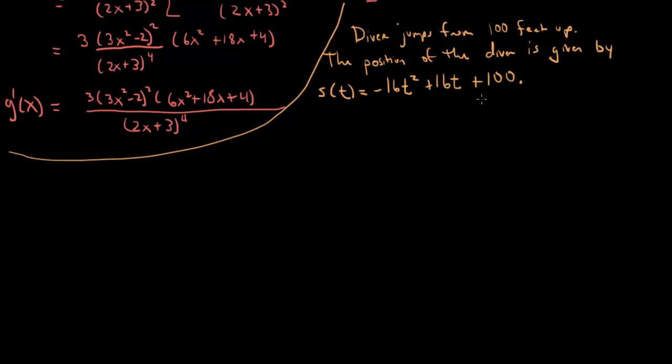we haven't talked about this in this video, but in class we've talked about, if you take the derivative of your position function, which is s of t. So we talk about these in algebra class, that you have a position function. Here's a quadratic position function that you could substitute for different values of t and find the position of the diver, the height of the diver, at different values of t.